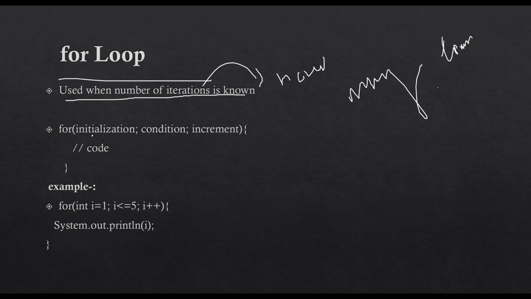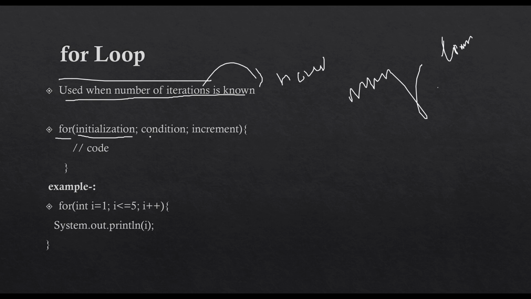So see, this is the syntax. First is initialization, where you initialize your value, that you want to start from 1, 2, 3, 4, from where you want to start. Then a condition: based upon your condition your loop will run, and when the condition becomes false, your loop will stop.